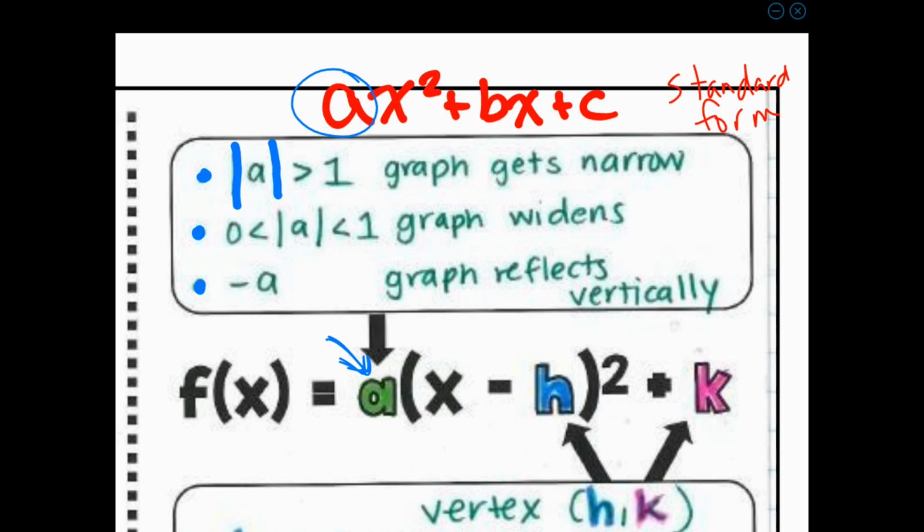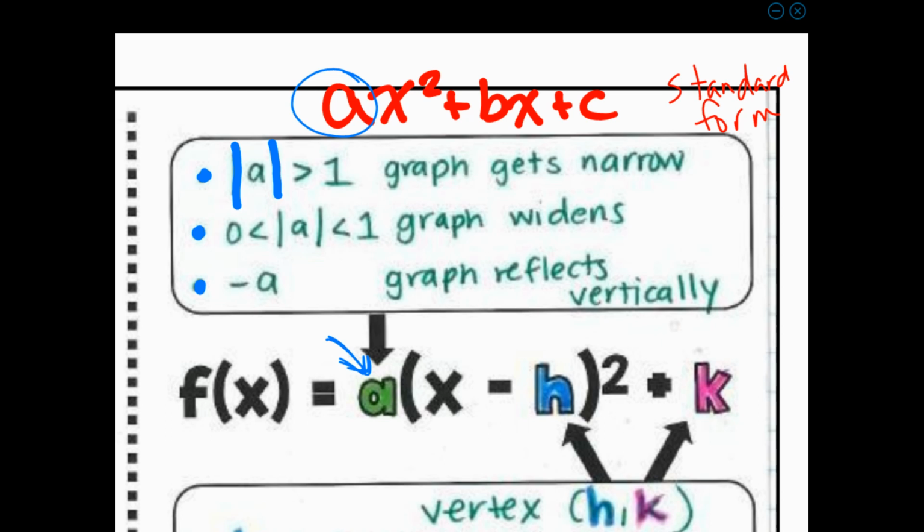So the absolute value is the distance a number is from 0. In other words, we don't care about the sign in front of it. It's always positive, or just the actual value of the number itself without the positive or negative in front of it. Does that make sense? That's what absolute value means.